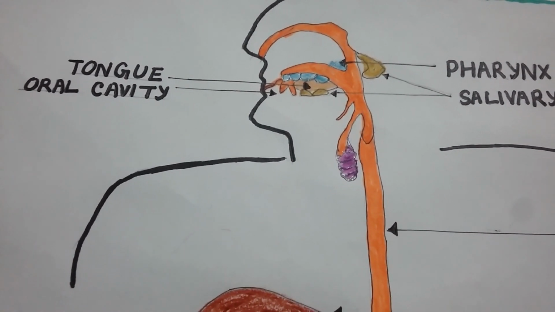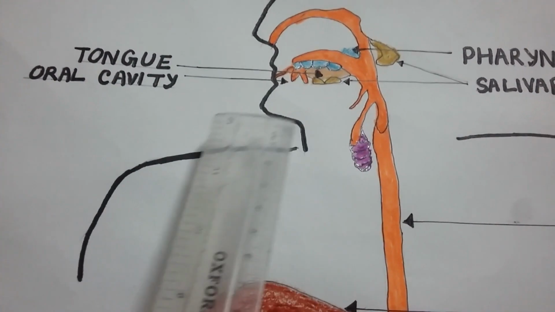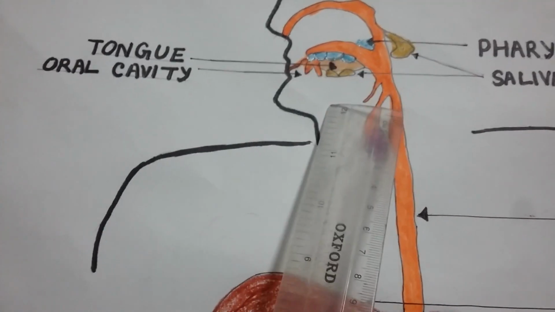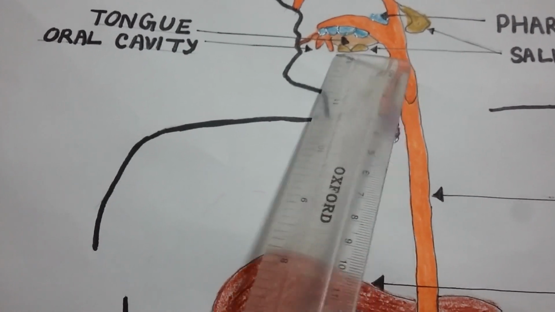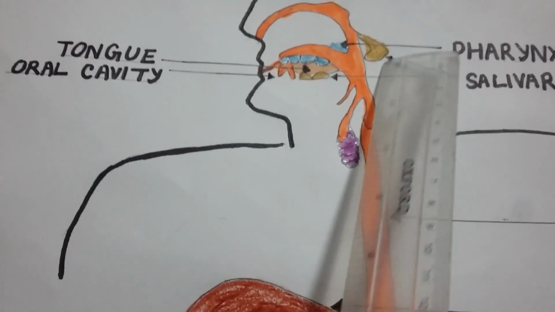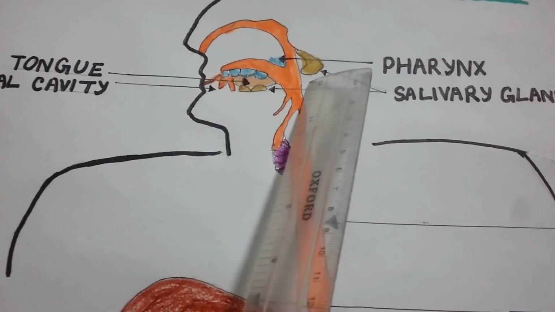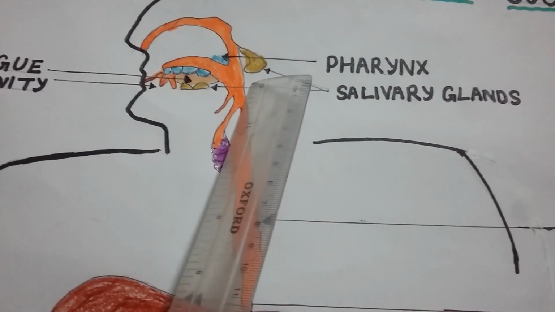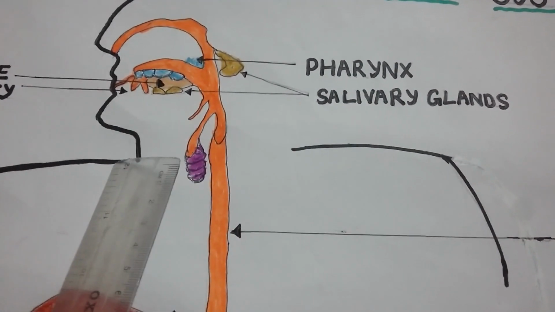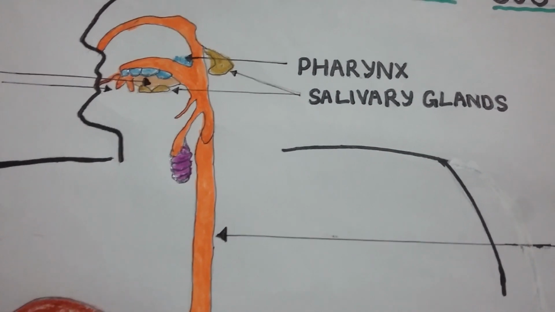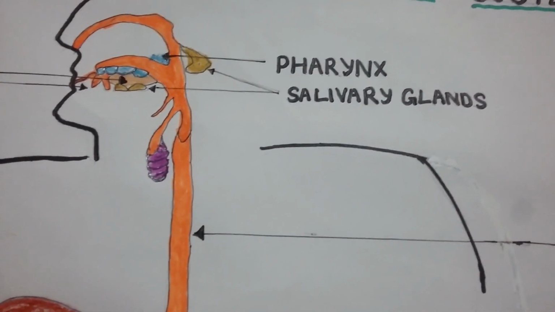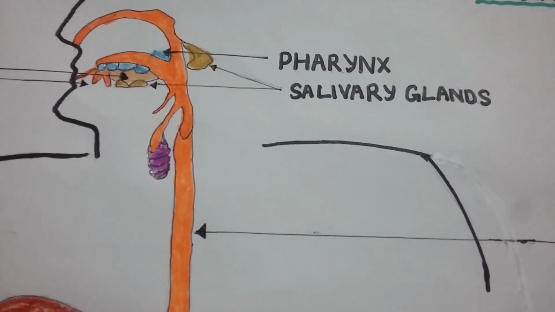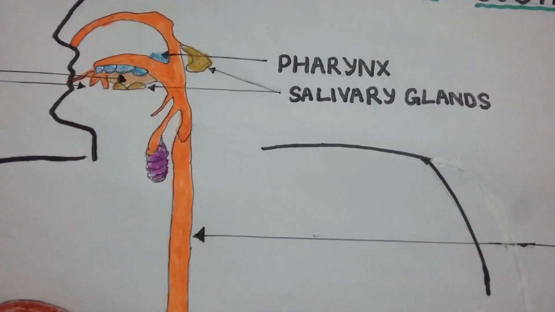Now, the third organ of the buccal cavity is the salivary glands. So here we can see salivary glands, and at the back also we can see the salivary glands. Salivary glands produce saliva. Saliva contains an enzyme called amylase that breaks down the starch present in the food into sugar.